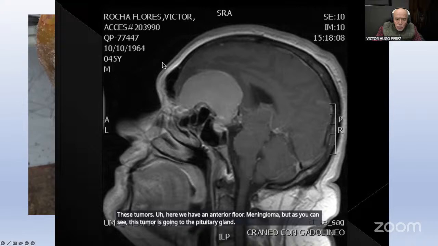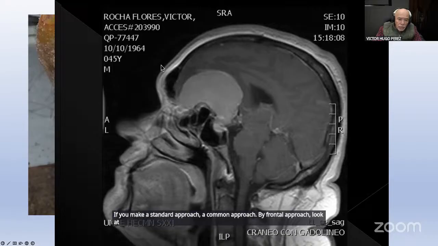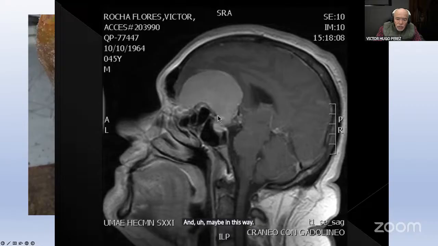If you make a standard approach, a common frontal approach, look at what could happen. So here we have a line to go to this tumor, and maybe in this way you can remove this part of the tumor. But sometimes we do a fronto-orbito-ethmoidal osteotomy in order to go to the base of this tumor.